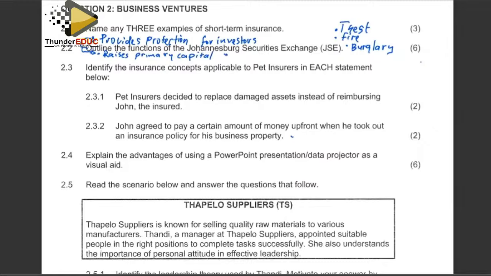And lastly, we said that it does encourage short-term investments.